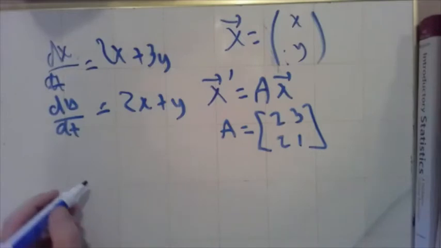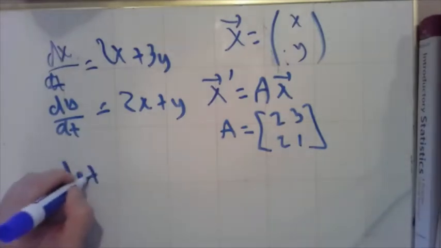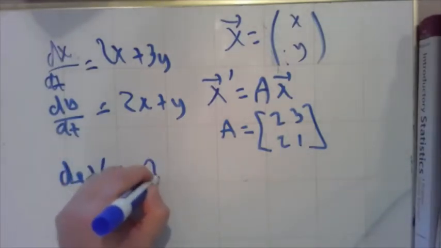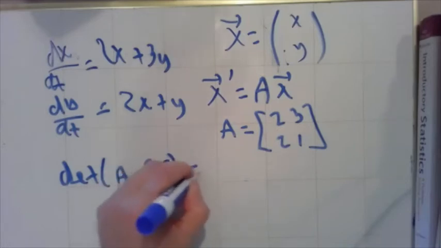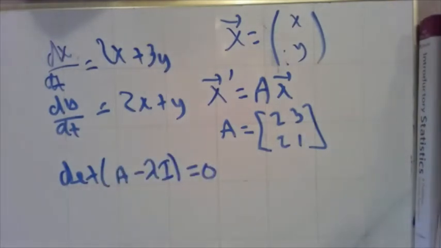I want to solve the determinant of A minus lambda I equals 0. Lambda I, in this case, would be 1 minus lambda, 0, 0, 1 minus lambda. Or, I'm lying.